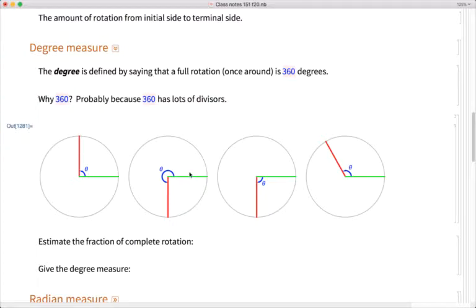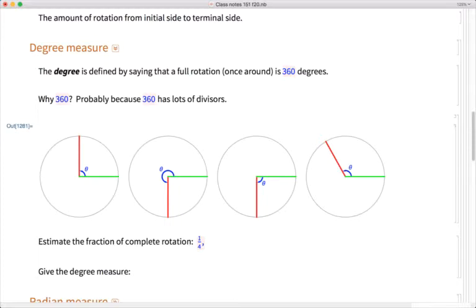Okay, so we've got 4 angles here, theta, and I guess I'm trying to illustrate that the green is the initial ray and the red is the terminal ray. So what I'm going to do first is try to estimate the fraction of a complete revolution for these 4 angles. So the first angle there looks like we're going quarter way around.